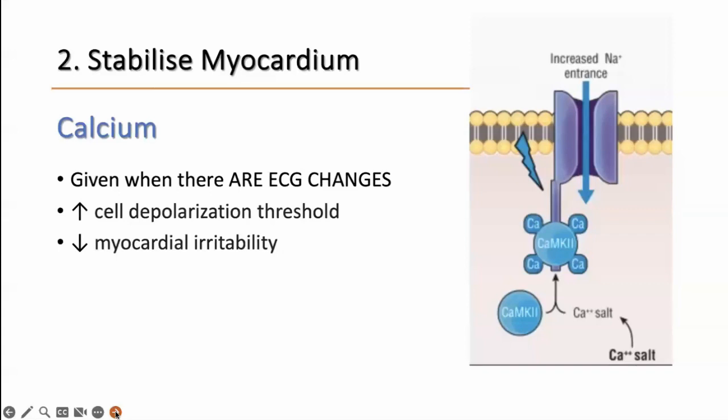Ultimately, the point of the calcium is to stabilize your cardiac cell membrane against any undesirable depolarization. So yeah, it increases the cell depolarization threshold and decreases your myocardial irritability. Okay, you can go next.